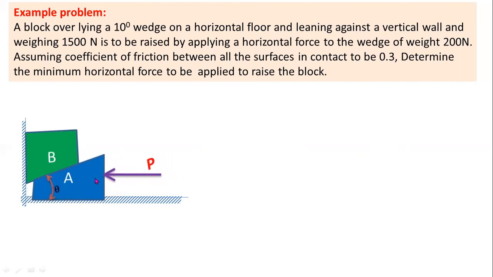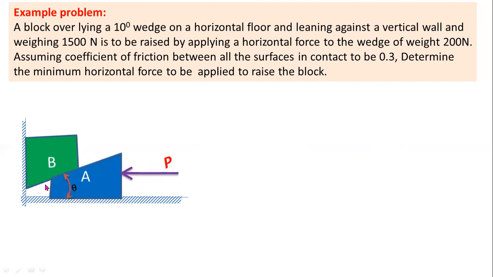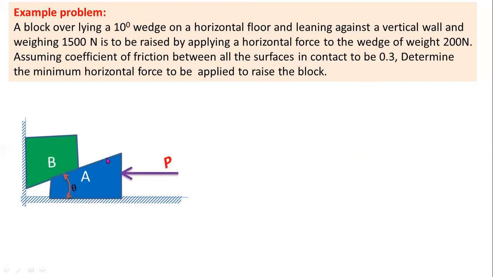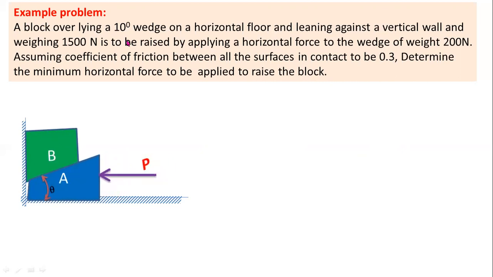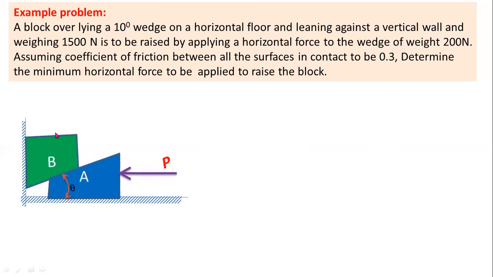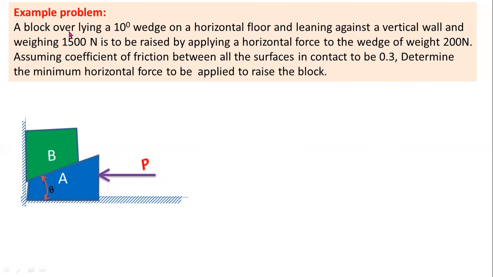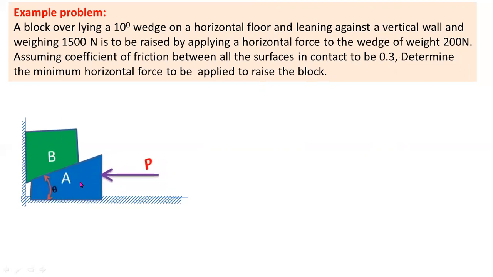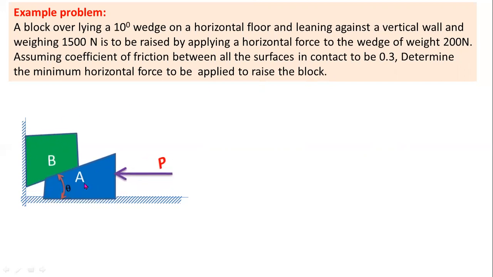This wedge and block have an angle theta equal to 10 degrees, so the angle of inclination of this slant edge is 10 degrees. The weight of this green block is 1500 newtons, the self weight of block B, and 200 newtons is the self weight of wedge A.